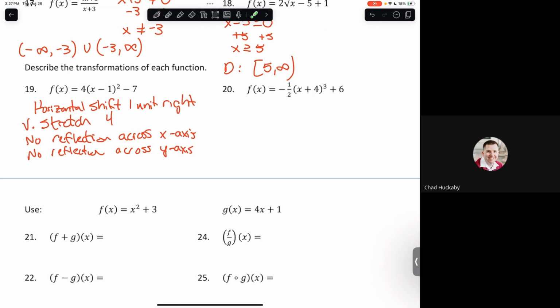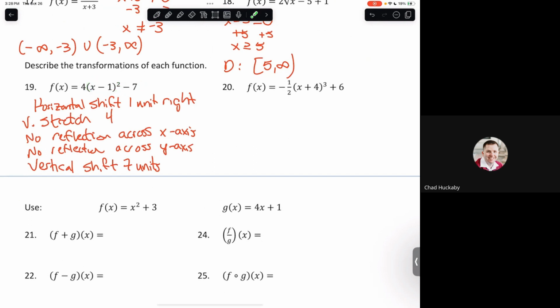And then this last constant at the end means that we have a vertical shift 7 units, which direction, up or down? Because it's outside the function, this is our function, the squaring function. Because it's outside, down, right? It's down. It does exactly what you think it would do.